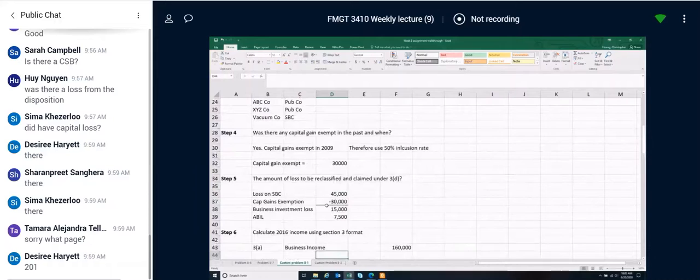Now, we mentioned in the question there was a capital gain that was exempted in the past. Okay? There was a capital gain that was exempted in the past. We said 15,000, right? And we said 2009. But remember, when you do this calculation, you must do things on a gross basis. Because again, the question is, are you a net loser or are you a net gainer?